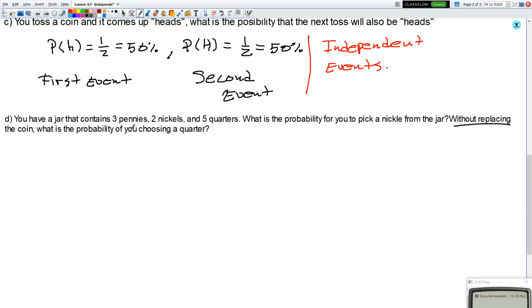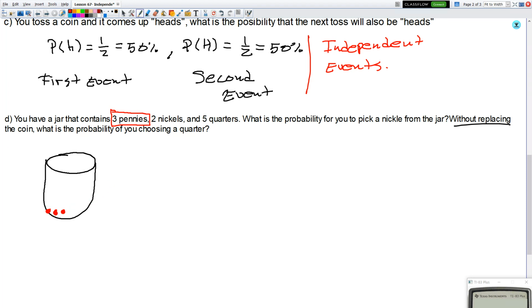Okay, so let's take a look here real quick. Let's draw our jar here. Let's say you have 3 pennies, which I'm going to do in red. So 1, 2, 3, you have 3 pennies right there. Let me just make this a little bit larger and easier.